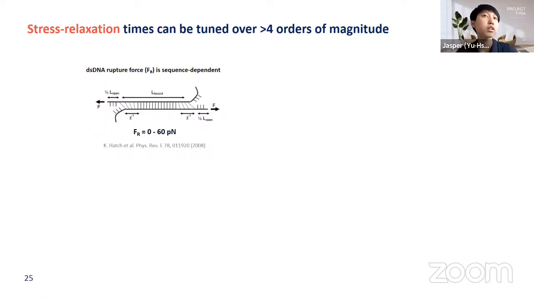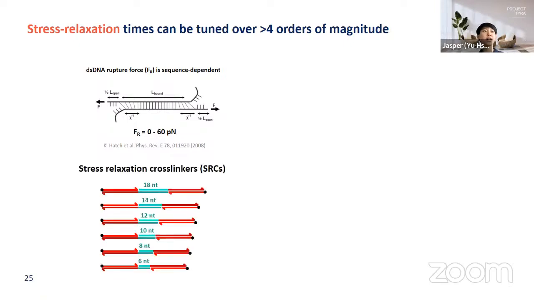The longer the sequence, the higher the force you need to rupture the two strands apart. So we designed a stress relaxation crosslinker, which essentially changes the length of this overlap domain, the weakest part of the crosslinker. You can imagine that an 18 nucleotide overhang domain will have higher stability, and therefore a slower relaxation time, than one that only has 6 nucleotides.